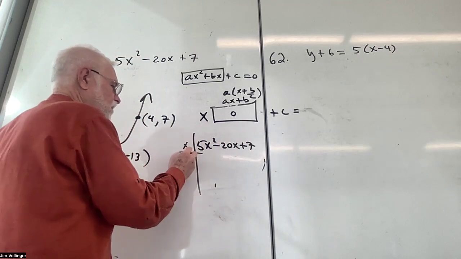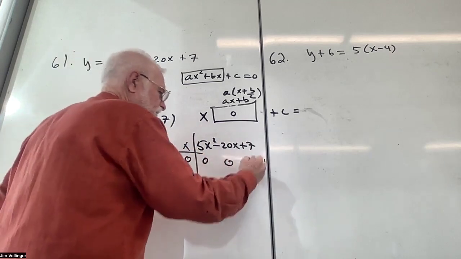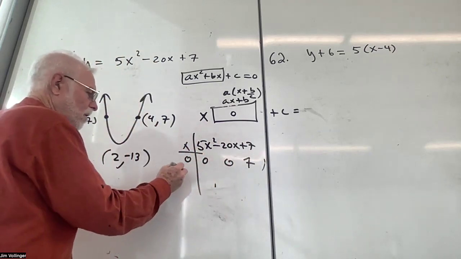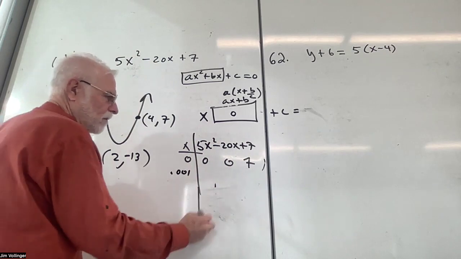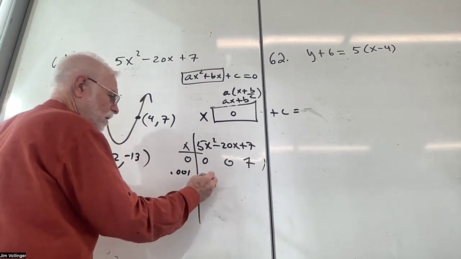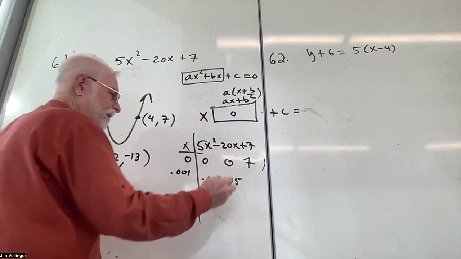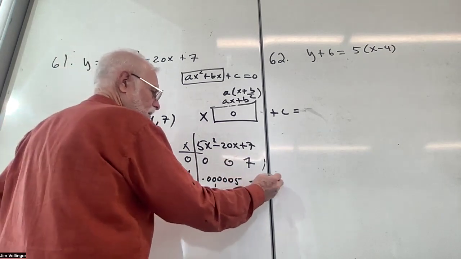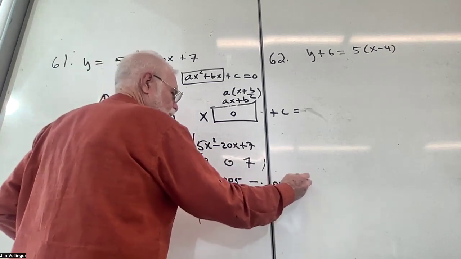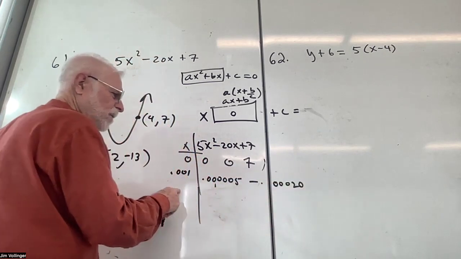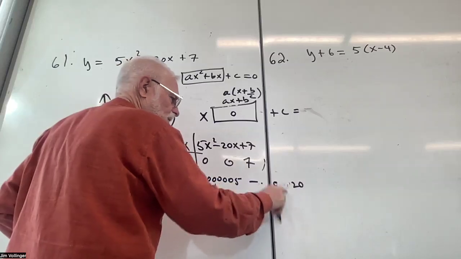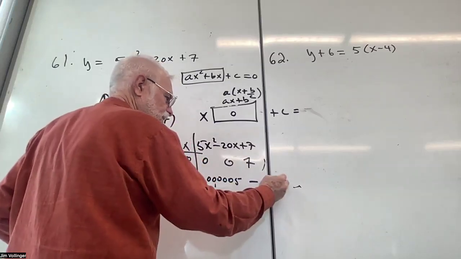The other insight was that if you look at 5x squared minus 20x plus 7, and you let x equal 0, then you get 0, 0, 7. But if you put in 0.001, you get 0.000005 minus 0.02, 3 decimal places. So excuse me, I just want 0.02. I forgot I was doing 3 decimal places.